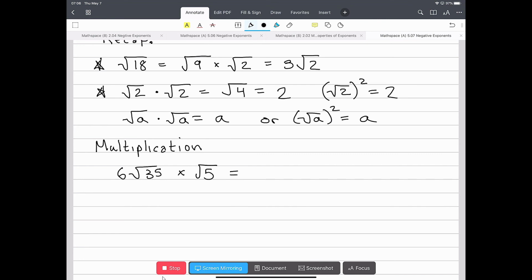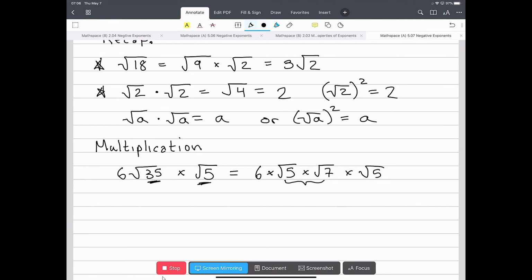So what I'm going to do is break down the square root of 35 into a multiplication problem. Multiply by 2 factors. And I notice that 35 has a factor of 5. So I'm going to break it down into 6 times the square root of 5 multiplied by the square root of 7. So there's my square root of 35, just expressed as 5 times 7. And then I have this square root of 5 on the end here.